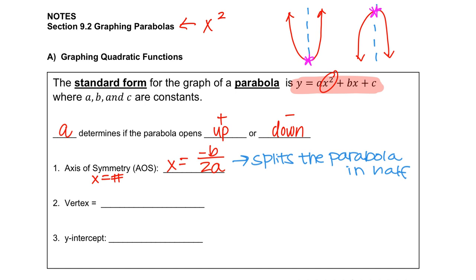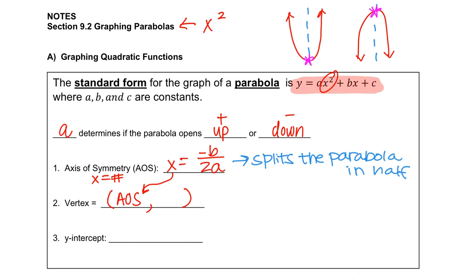And so in order to figure out the point where the vertex is on a graph, we can use the axis of symmetry. It's a point, so it's like x comma y. And the x value is the axis of symmetry. So whatever number I have here comes right here.